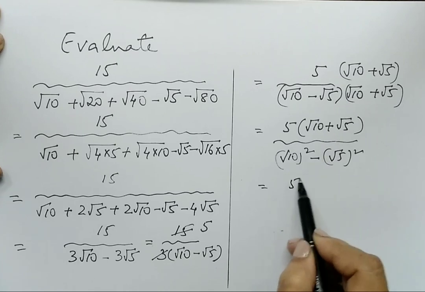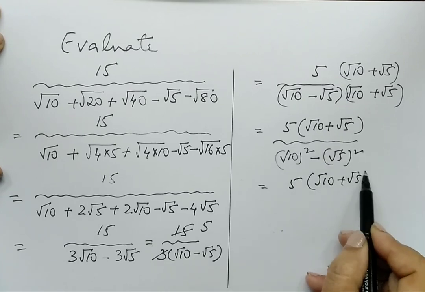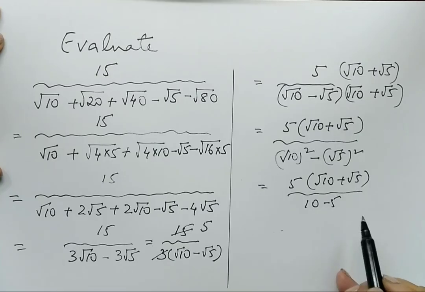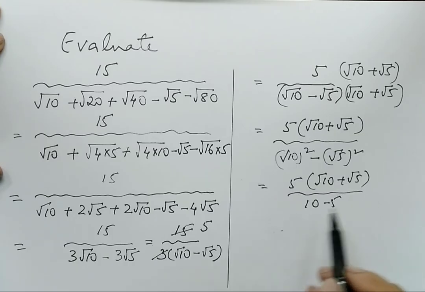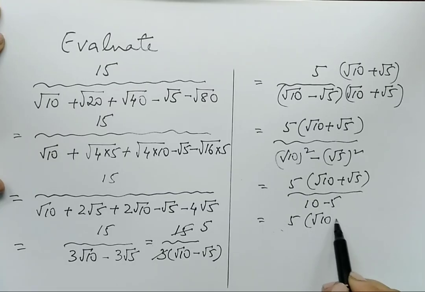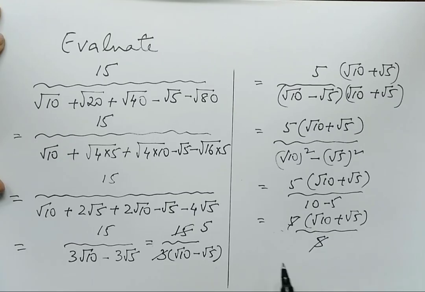Next we have 5 root 10 plus root 5, and here we have 10 minus 5. Clear? Which means that we have 5 root 10 plus root 5, and 5 here gets cancelled.